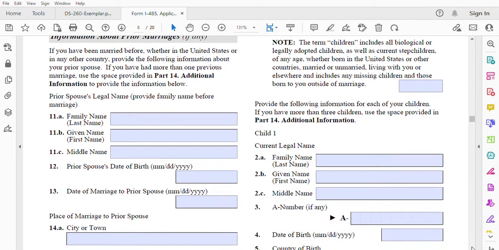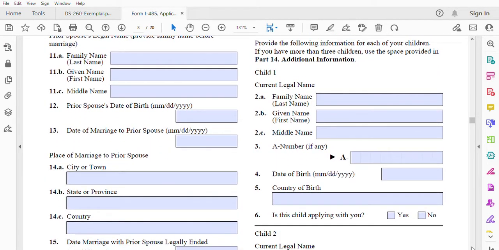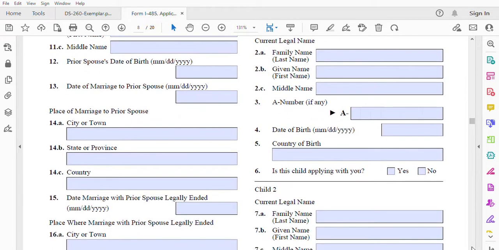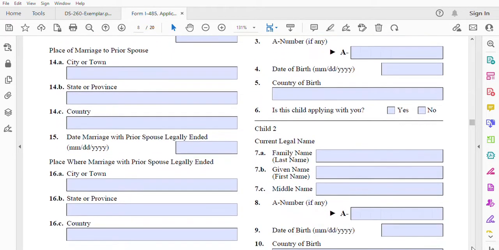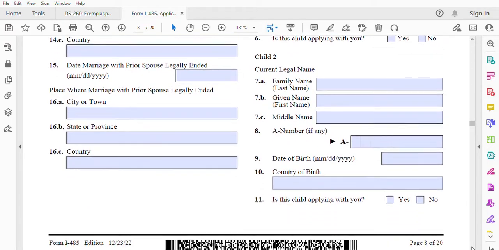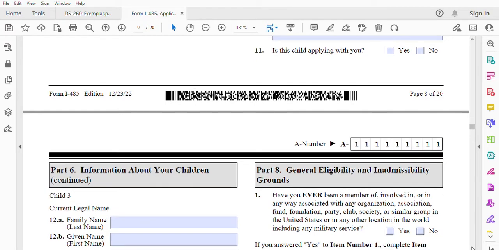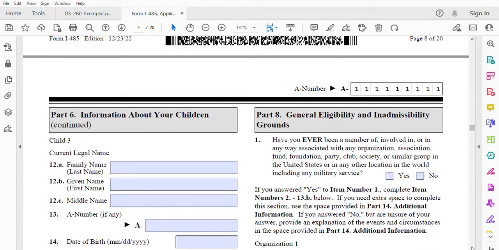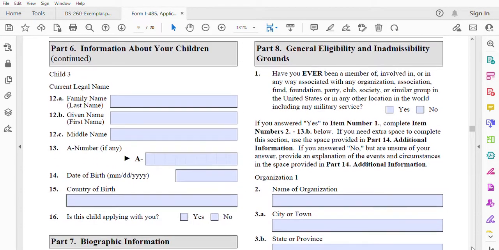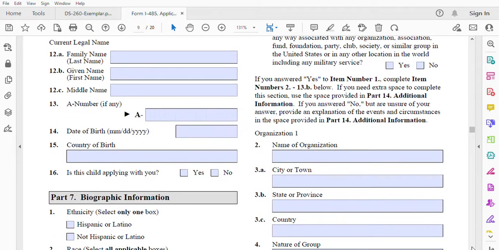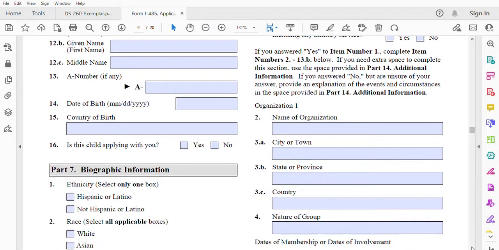It doesn't matter, both work. Children as well, we don't have any children, so it's going to stay blank or N/A. We're still talking about children, it's going to be child number 3. We don't have any children, so everything is going to be blank or N/A.